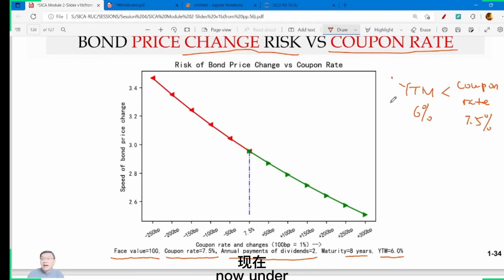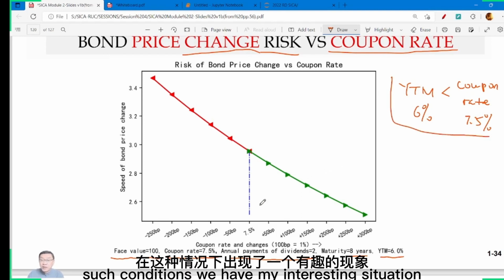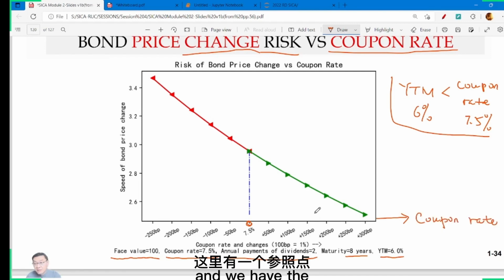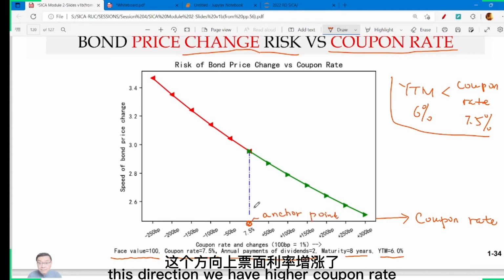Now, under such conditions, we have an interesting situation. This is coupon rate. We have the anchor point here. In this direction, we have higher coupon rate.